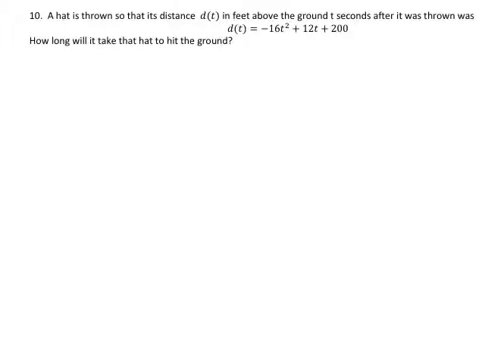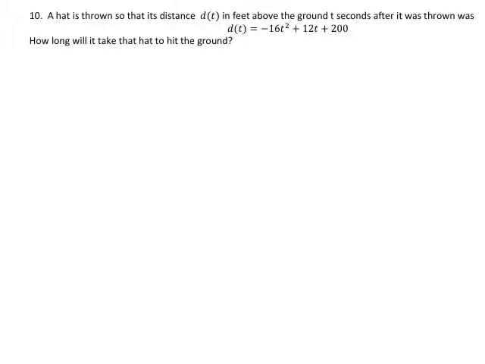Alright, number 10, a hat is thrown so that its distance, d of t, in feet above the ground t seconds after it was thrown was d of t equals negative 16t squared plus 12t plus 200. How long will it take the hat to hit the ground? So if it's on the ground, what is its distance in feet above the ground?